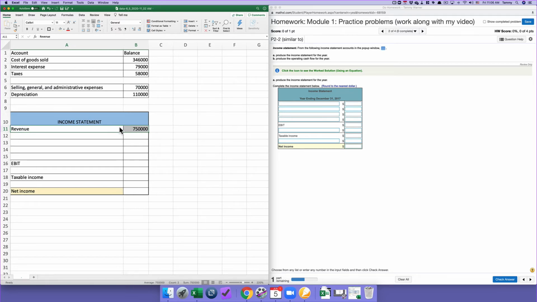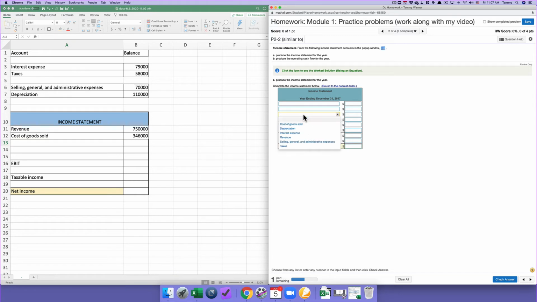So we have data, and then our cost of goods sold, and not sure if we need a gross margin or not. Let's see, you know what, let's go over here and see if gross margin exists. Okay, so we don't have to do a multi-step income statement.